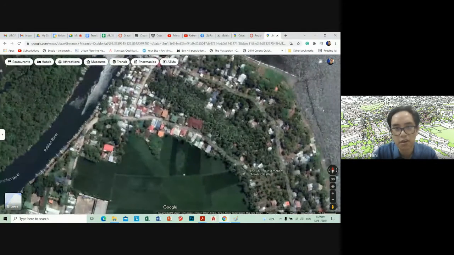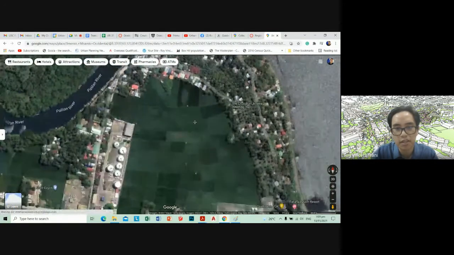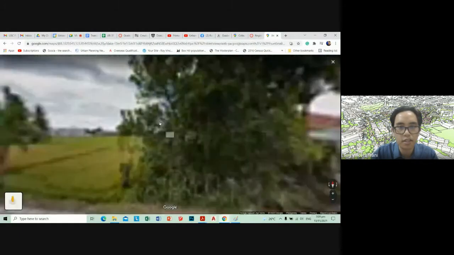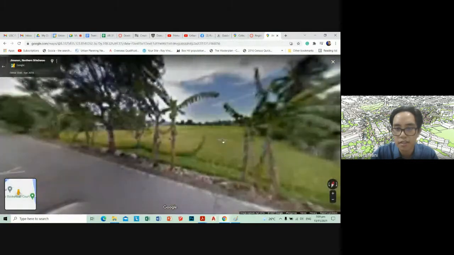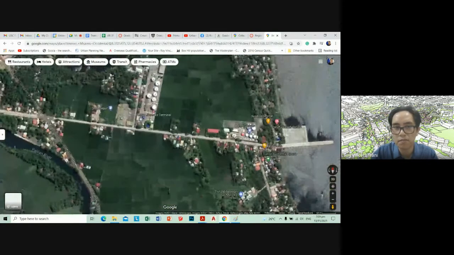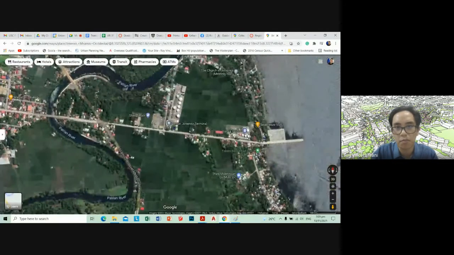If you see here, there are already some residential developments over here. I think these lands are for agriculture. It looks like agricultural lands, yes. So I think these are important to preserve. There might be some pressures from private developers to use this land.